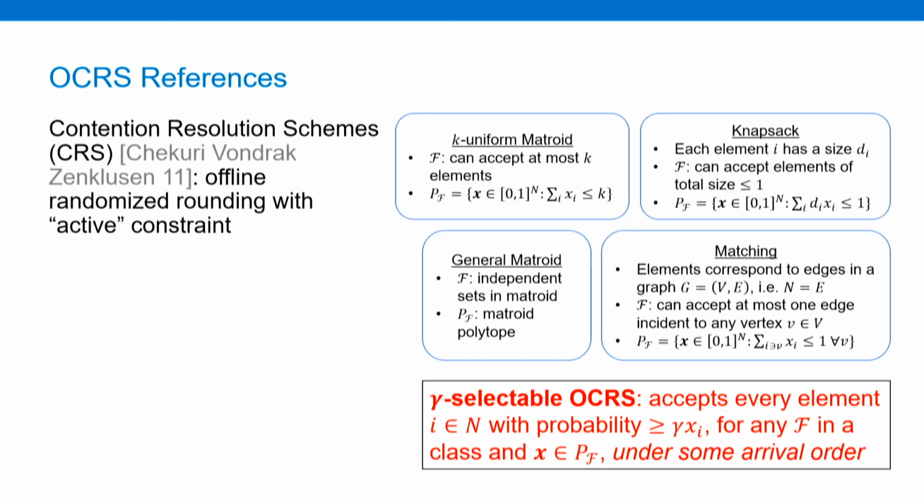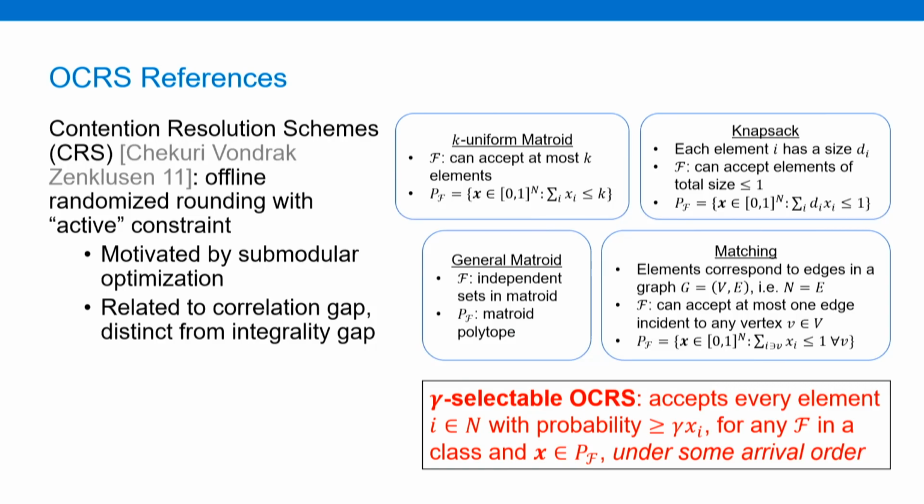So this was the first occurrence of a randomized rounding of this form. It was offline. It was motivated by submodular optimization, and it's related to this concept of correlation gap, which, as I said, is distinct from integrality gap. Because for a lot of these cases, the integrality gap is 0 or is 1 or whatever. There is no integrality gap, but you still have what's called a correlation gap in this offline rounding problem, because you have the constraints.